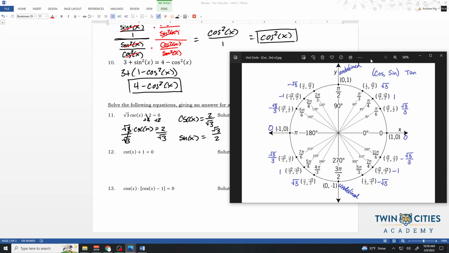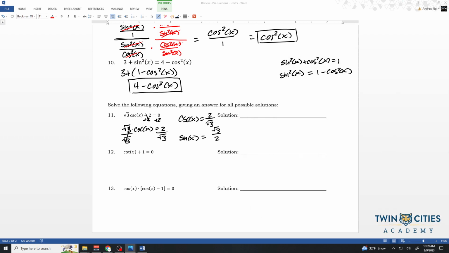To indicate that this could be for any amount of 2 pi's, the first 2 pi, the second 2 pi, the third 2 pi, I'm going to write my solution as x equals pi over 3, but then plus 2n pi, and then x equals 2 pi over 3 plus 2n pi.